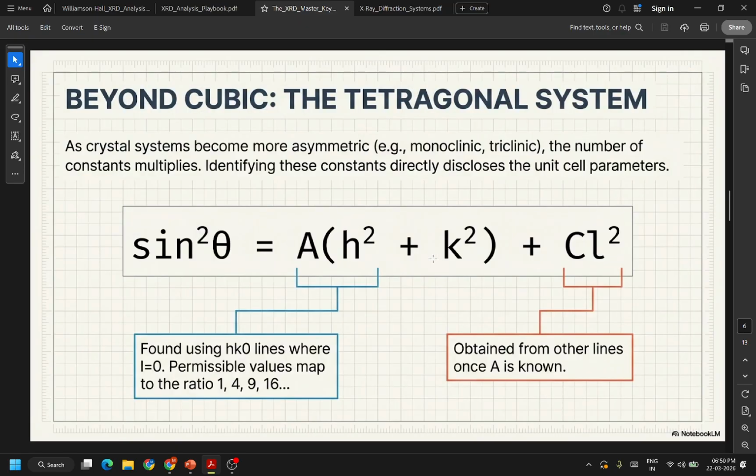Now if you have a tetragonal system, you have sine squared theta equals A (h squared plus k squared) plus C l squared. So once A is calculated from hk0 lines, C is calculated then from other lines, once A is known.